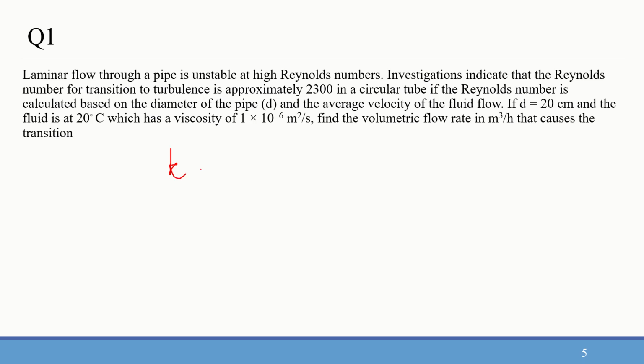Dynamic viscosity unit is actually kg per meter second, divided by rho, that is density, in kg per meter cube.